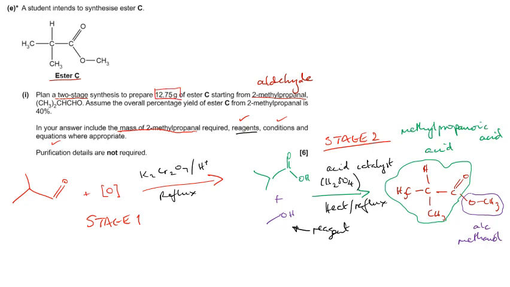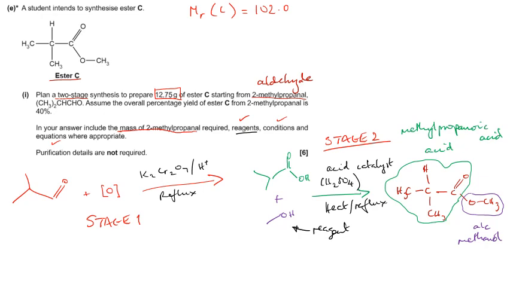We're going to start our calculation with the 12.75 grams of ester that we make. We're going to do it with moles. We're going to work out the moles of our ester C, so we need the Mr of ester C first. Counting all the carbons, hydrogens and oxygens, it comes up to 102.